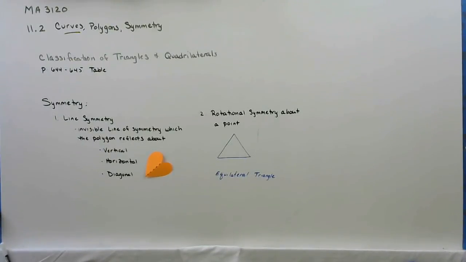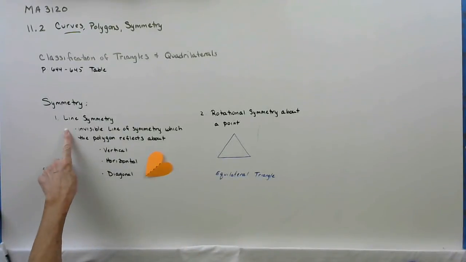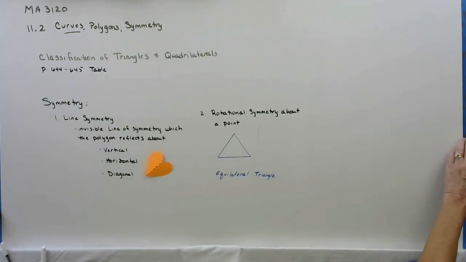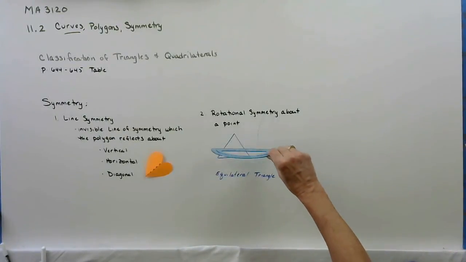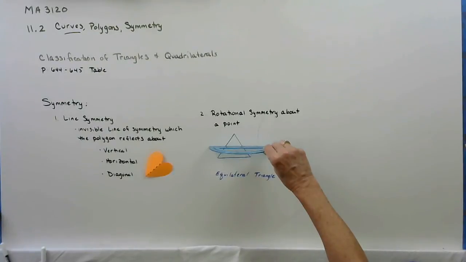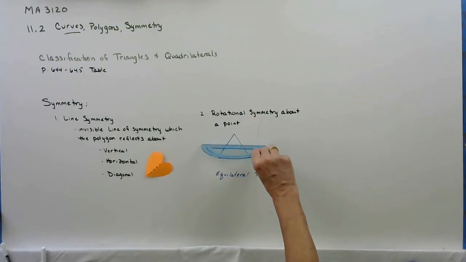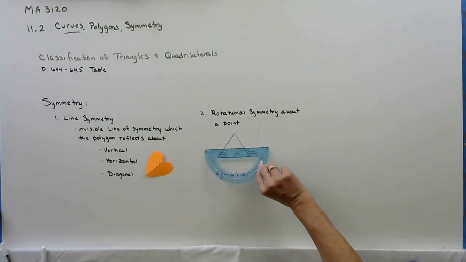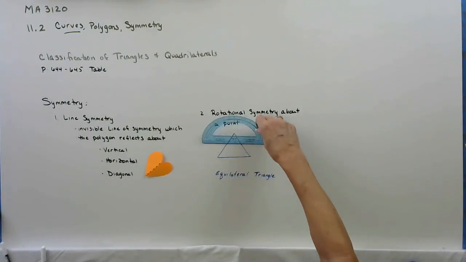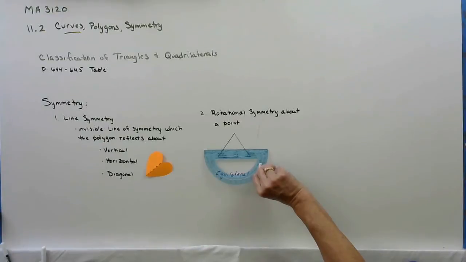Well, if I ask you if it has symmetry, you would need to check both. Does it have line symmetry? If I take a line, and I'm going to use my straight edge right here, and I put a horizontal line through my shape anywhere, does it look like it's the exact same shape on both sides of this line?